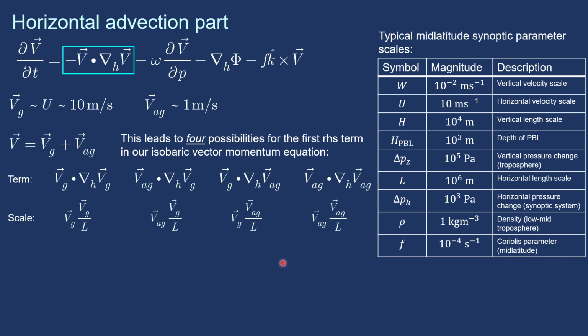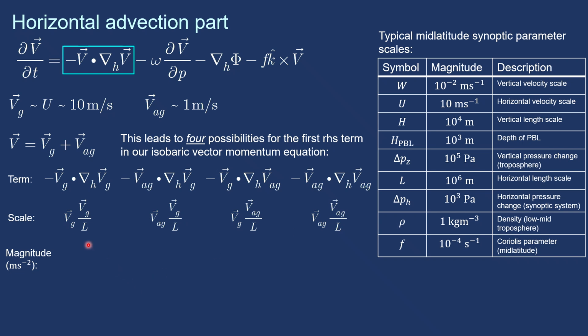And finally, in the fourth term, we have V sub AG multiplied by the horizontal gradient of V sub AG. So there are our 4 scaling terms. Using the numbers we just wrote down, V sub G is 10, V sub AG is 1, and the horizontal length scale is 10 to the power of 6. And so we can assign the magnitude for each of those 4 terms.